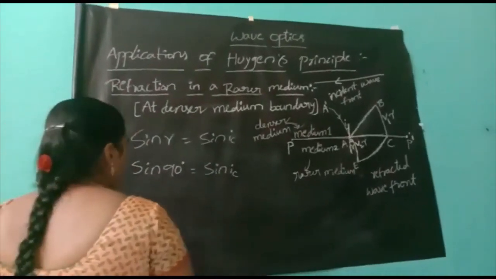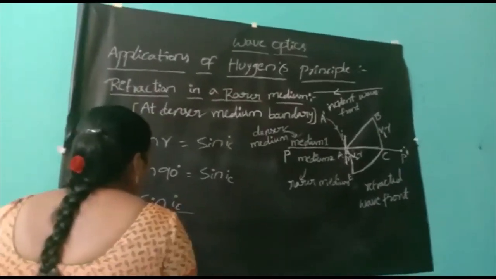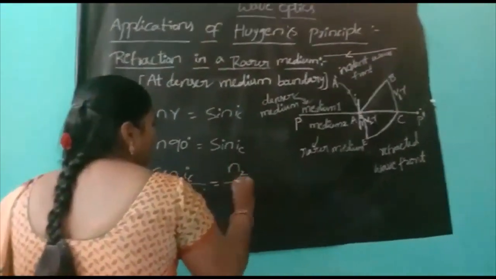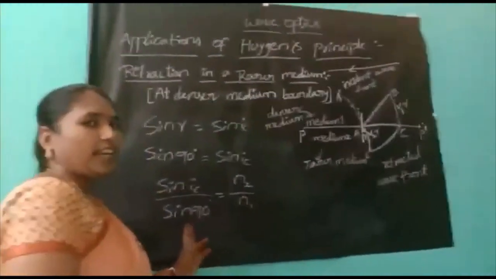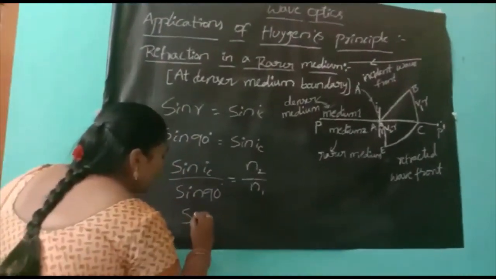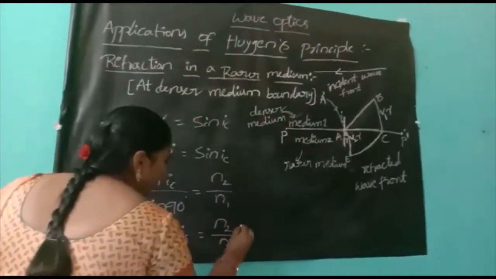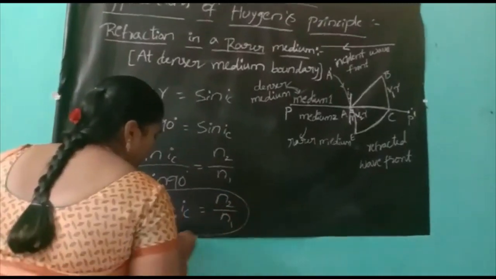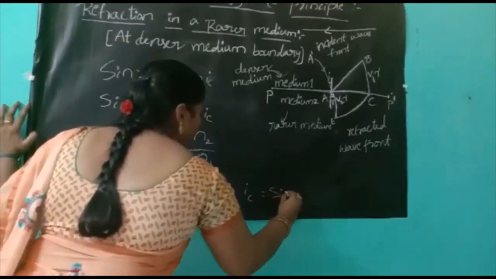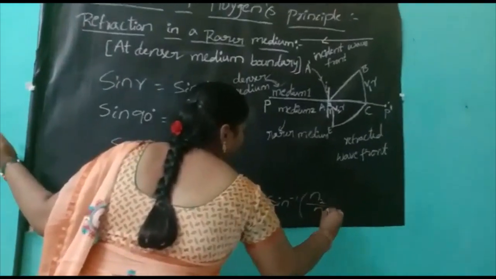In Snell's law, sin IC by sin 90 degrees is equal to n2 by n1. In trigonometry, the sin 90 value is 1. So sin IC is equal to n2 by n1. This is also written as IC is equal to sin inverse of n2 by n1.